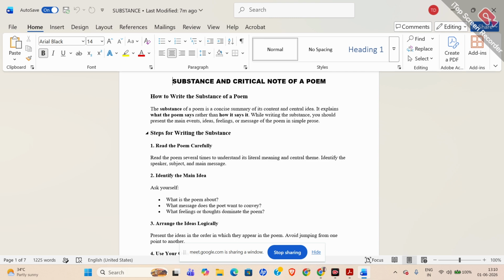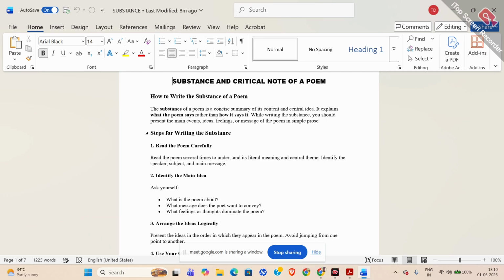In a shortened form, you have to write it. It explains what the poem says rather than how it says it. So what is the poet trying to say to his or her readers? কবি কি বলতে চাইছেন রিডারদের জন্য যে কবিতাটা লেখা হয়েছে? So what is it about?